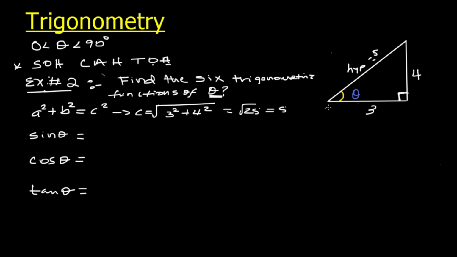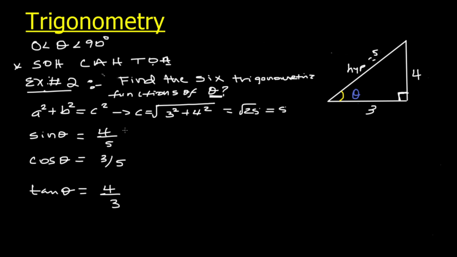The opposite is 4 and the hypotenuse is 5, so 4 over 5. Cosine theta is the adjacent side, which is 3, divided by the hypotenuse, which is 5. And finally, tan theta equals the opposite side, which is 4, over the adjacent, which is 3.